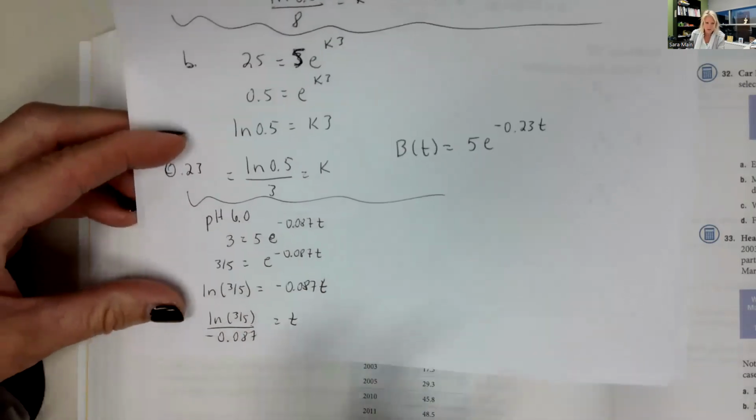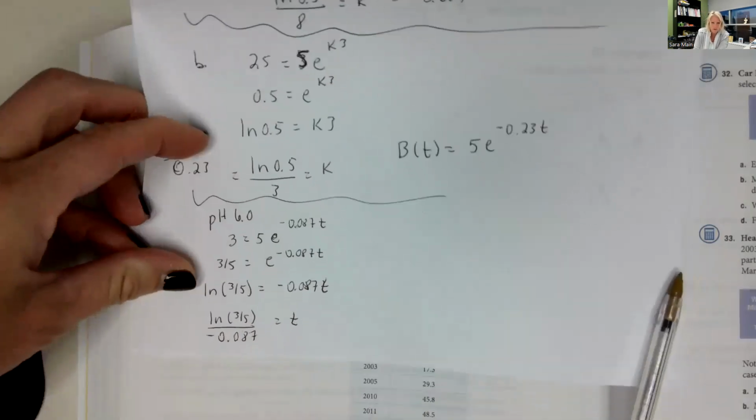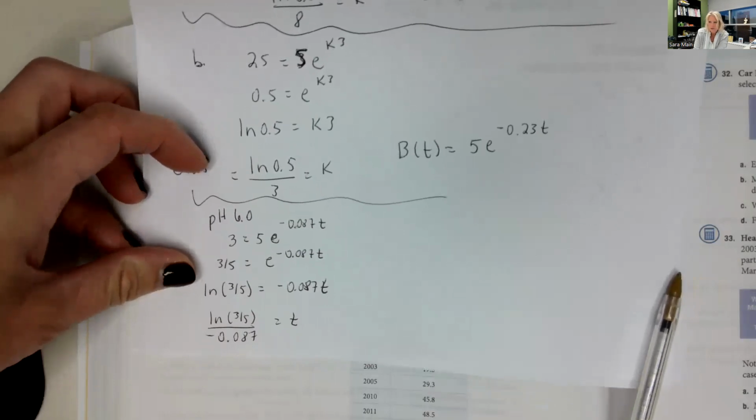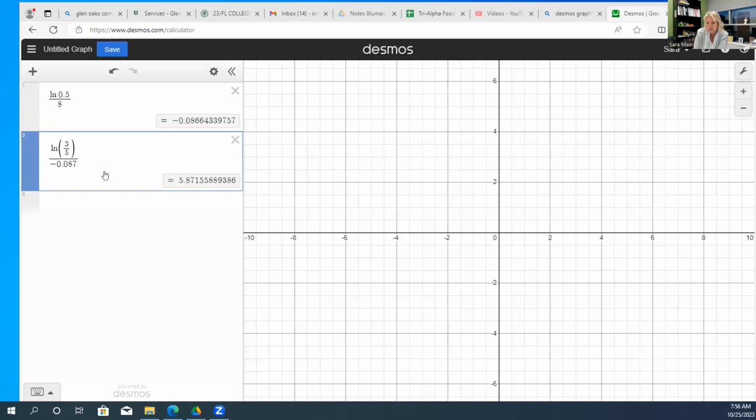We're going to go to Desmos right now and do that calculation. And here's that calculation in Desmos, and it's about 5.87 days.